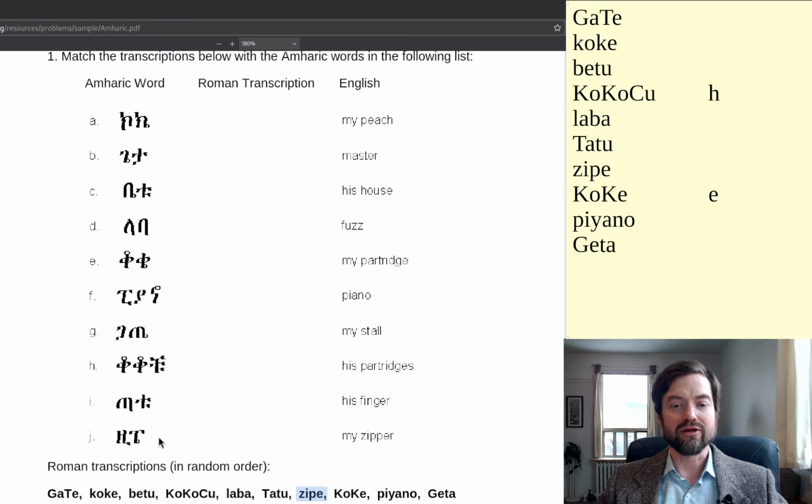We now have a very good candidate. We know that the P, this sort of T-looking shape, matches the P in piano, and we know that the circle at the bottom represents the A vowel on these other words. Sorry, I'm still confused on this vowel.